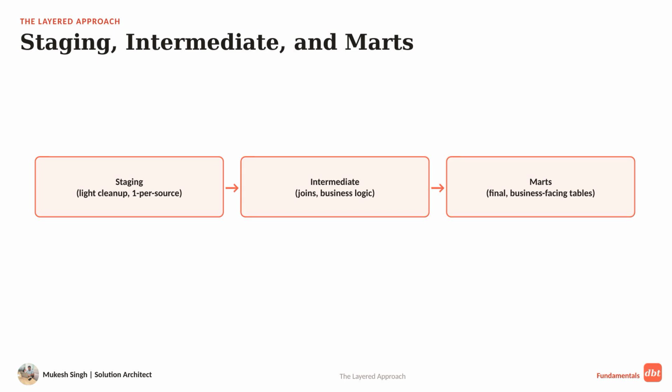And marts sit at the top, the final, business-facing tables that dashboards and reports actually query. This layered structure is what keeps a growing project organized instead of turning into a tangle of one giant, unreadable query. Most teams find that roughly this ratio holds even as a project grows: many staging models, fewer intermediate models, and a handful of carefully designed marts.